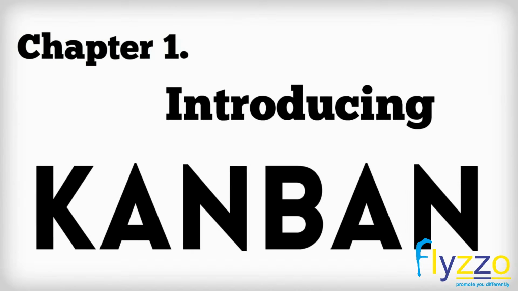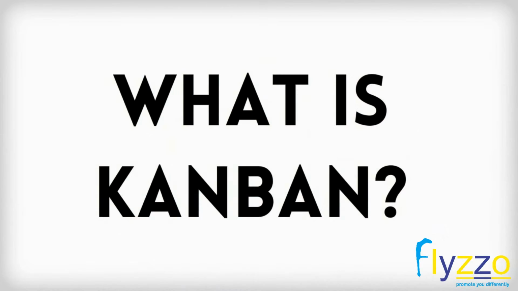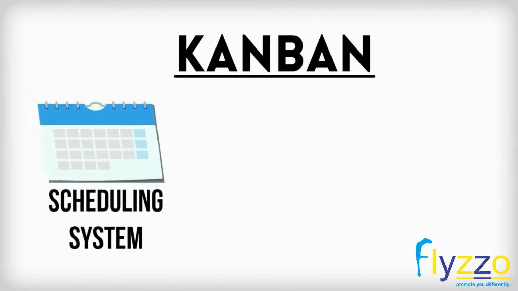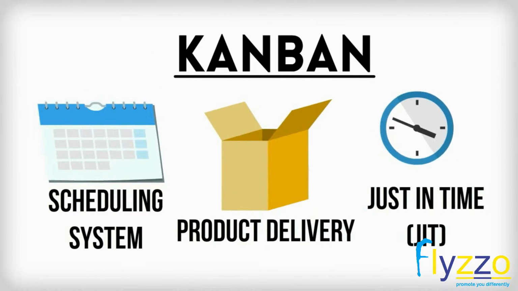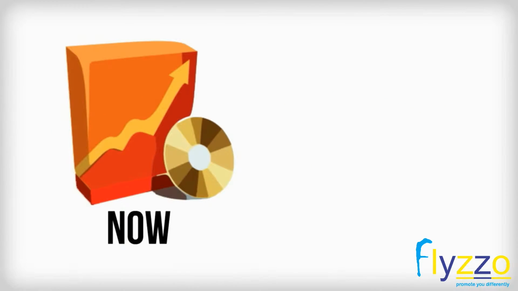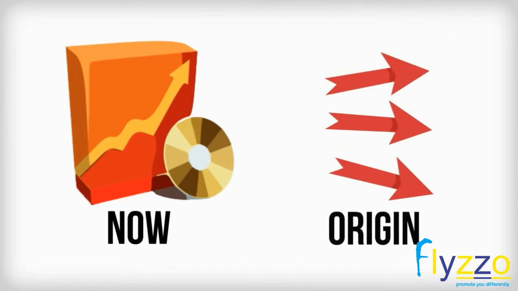Chapter 1. Introducing Kanban. What is Kanban? The original term Kanban refers to a simple scheduling system used to achieve just-in-time, or JIT, delivery of products. Although the Kanban system has more recently become a favorite in the software business, you will learn that its origins lie far beyond the realms of software.